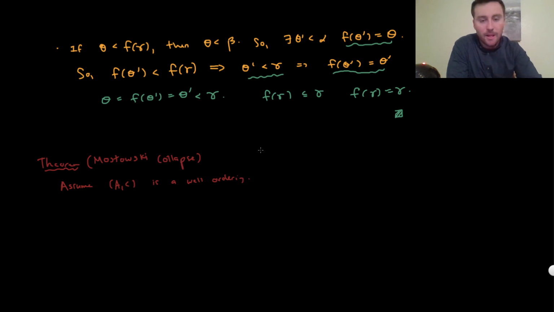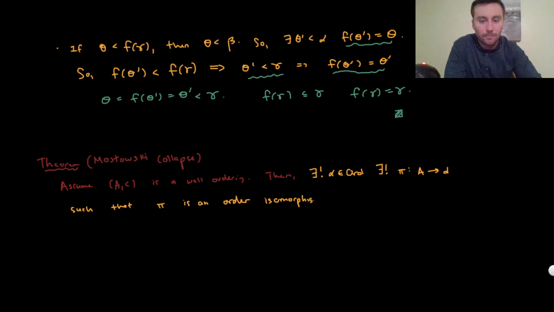Then there exists a unique ordinal alpha, and also a unique function pi from A into alpha, such that pi is an order isomorphism. Okay, so this is going to be the result.